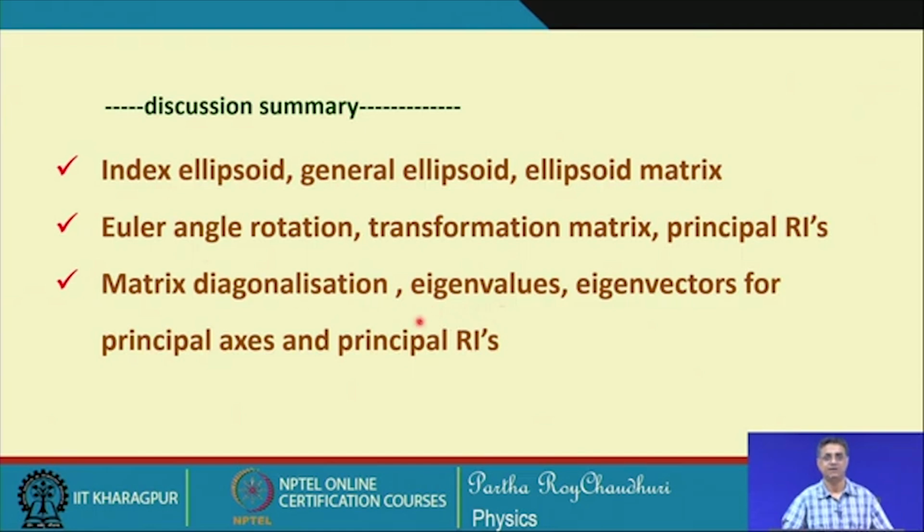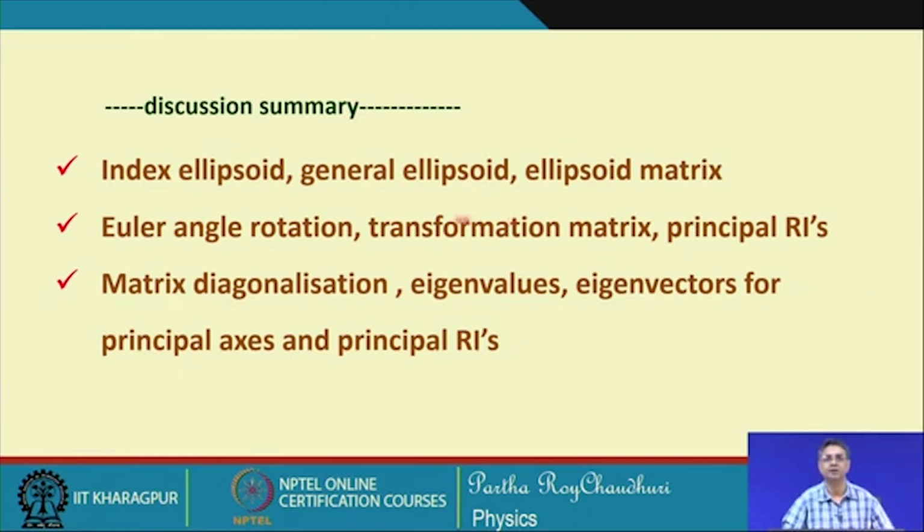So, we have discussed in this context a general index ellipsoid, which is very useful in analyzing electromagnetic waves in anisotropic medium, and how this ellipsoid will look in a general coordinate system, which is different from the principal axis system. This ellipsoid will associate itself with an ellipsoid matrix. So, there are means of bringing the ellipsoid, which is otherwise not looking very simple, back to the principal axis system.